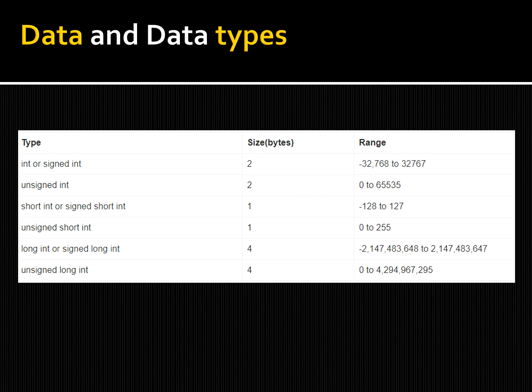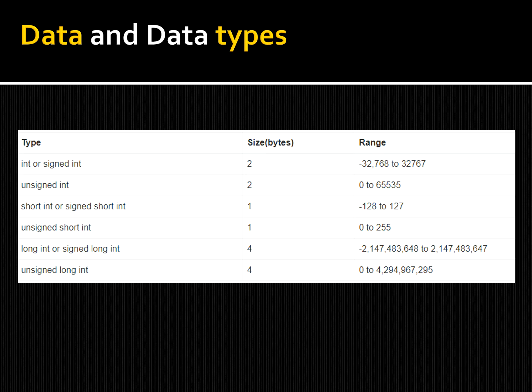the size is 2 bytes. The range is from 0 to 65,535. For short integer or signed short integer, equivalent to 1 byte, the range is from -128 to 127. Unsigned short int, size is 1 byte, 0 to 255.